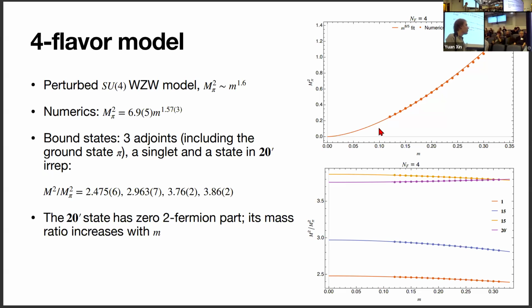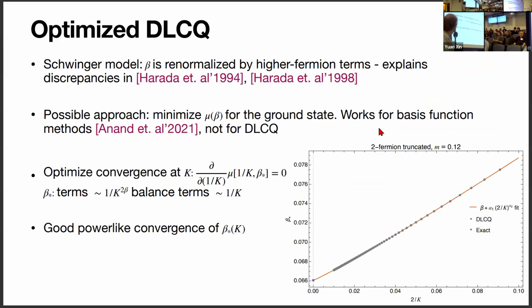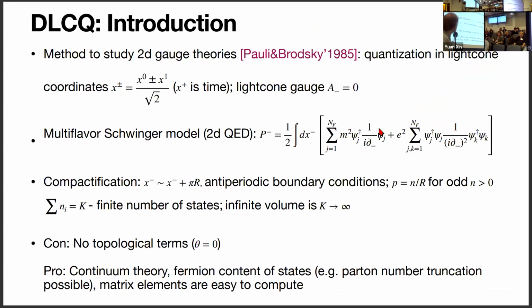So the idea is that I'm using the lightcone gauge A minus equals 0 here, but I think the idea for non-trivial theta is to use A minus equals 0 for non-zero modes and A plus equals 0 for zero modes.